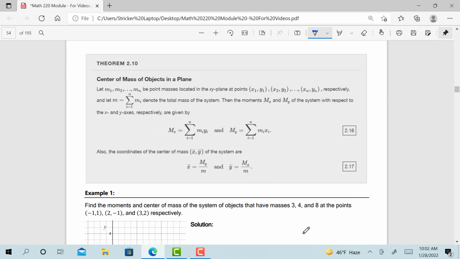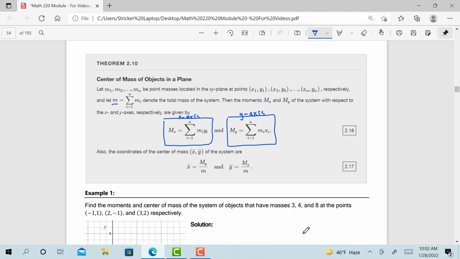Let's move on to Theorem 2.10 at the top of the next page. These are the important formulas that we're going to need to find the answers to the examples and different problems in this section. The main things you need to be worried about are these two formulas. They tell us how to find the moments about either the x-axis or the y-axis. This is our moment about the x-axis, and this is our moment about the y-axis.